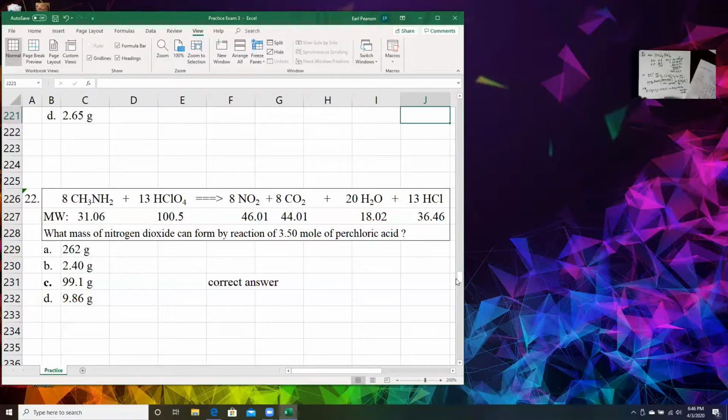Now let's see what's involved in the problem. It said what mass of nitrogen dioxide, so how many grams of nitrogen dioxide will form by reacting 3.5 moles.